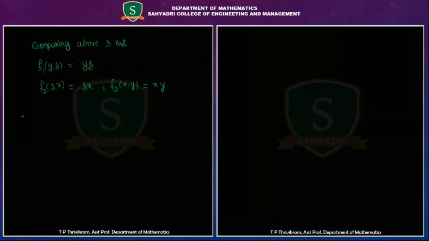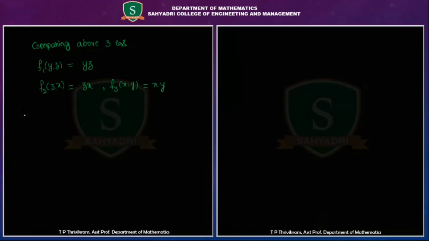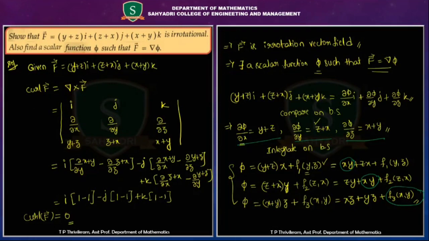So, therefore, finally we'll write the required scalar potential. Phi is equal to, write any one equation here.